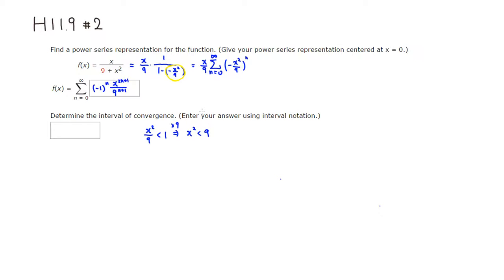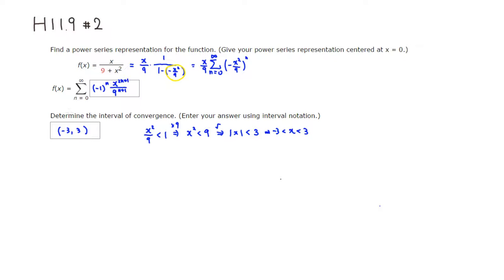Take the square root of both sides, and we know that the absolute value of x is less than the square root of 9, which is 3. So x is between negative 3 and positive 3.